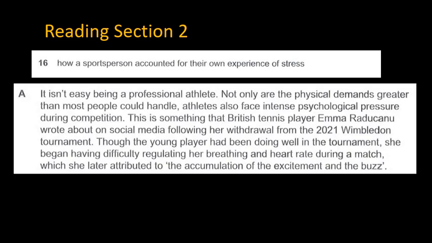16. How a sports person accounted for their own experience of stress. So here we're looking for a sports star who's talking about their own experience, and that can be found in section A. So the sports person is British tennis player Emma Raducanu, accounted for, attributed to, or even just told the story of.